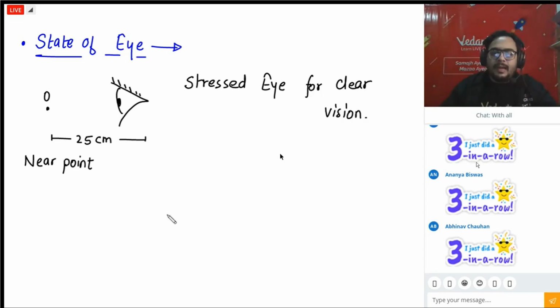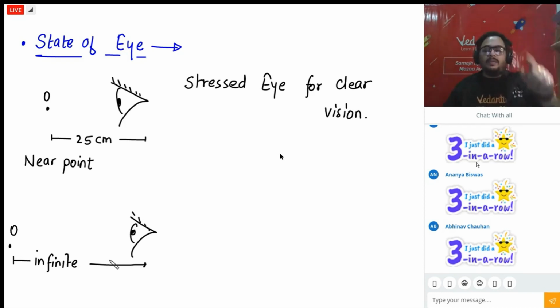On the other hand, if I have the same eye and the object is placed at almost infinite separation. So infinite here means very, very far. At infinite separation, in this case, look at something very, very far away. Your eye is relaxed. It is most relaxed as possible.